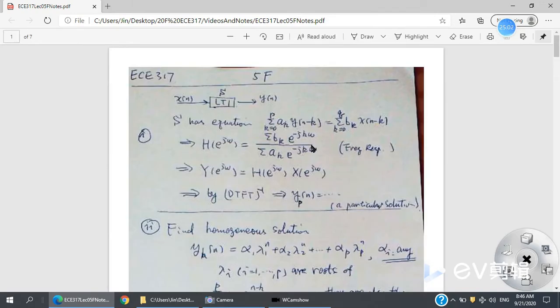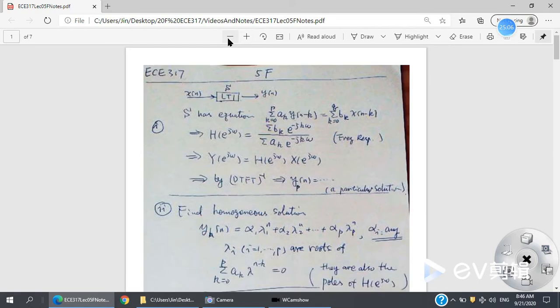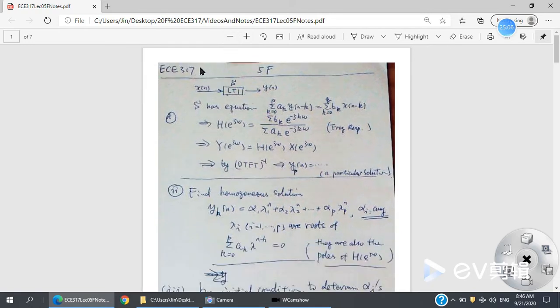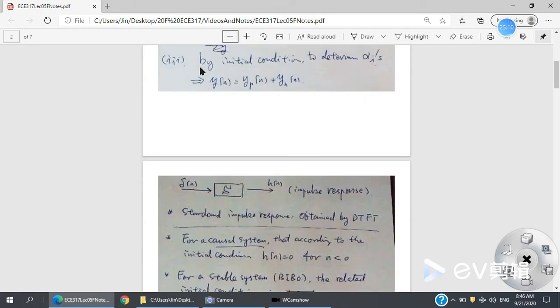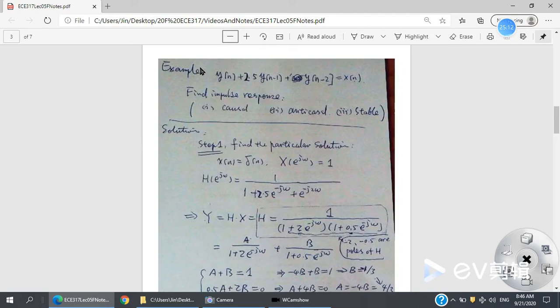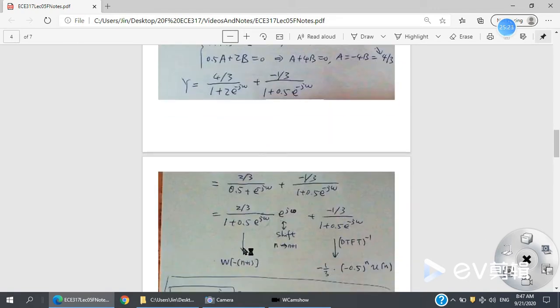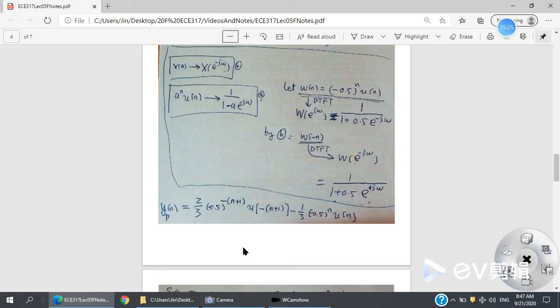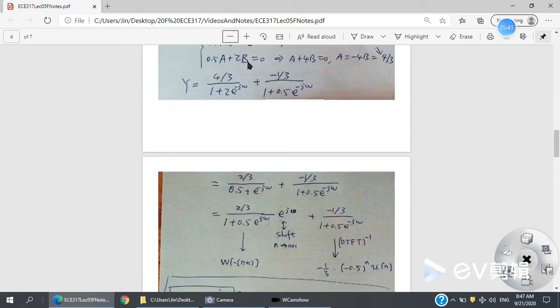Alright, it's here. Let me make it a bit bigger so we can see more. The example we have, 1 plus 2. You see, we have this term 1 plus 2 e to negative j omega, right? Okay, we go to here. I copy this one.